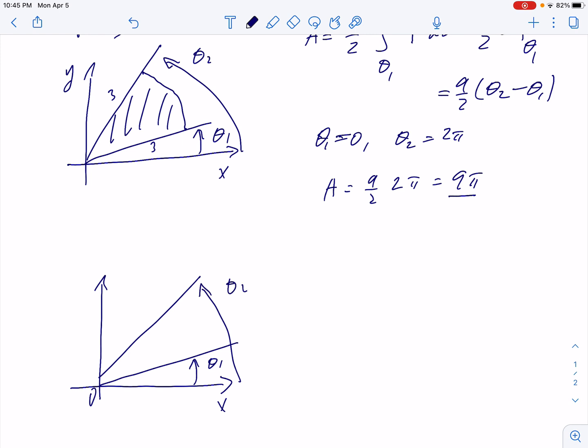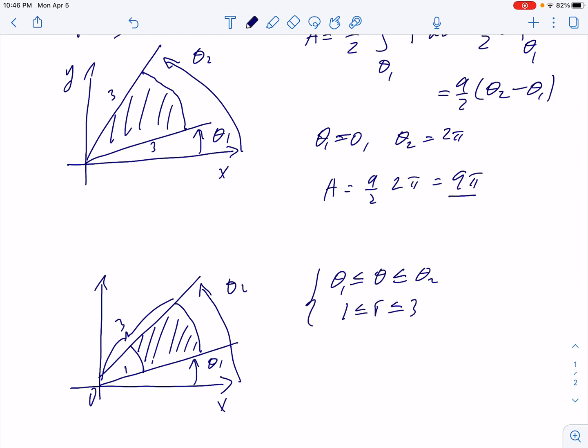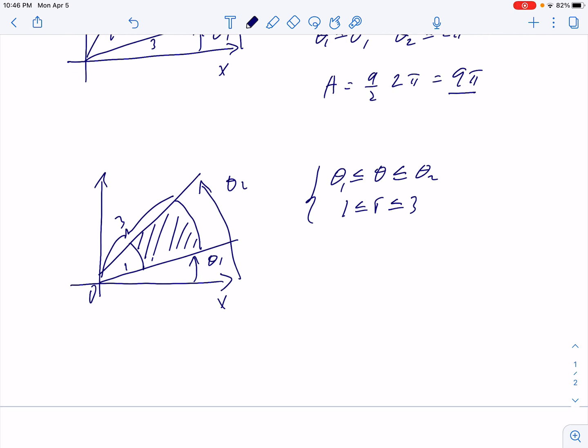And I want to find area between two circles, one with radius 3 like before. So this distance is 3, and one with radius 1. The area here is the marked between the two circles. So the region is described this way. Angle is moving between theta 1 and theta 2. Radius is moving between 1 and 3.